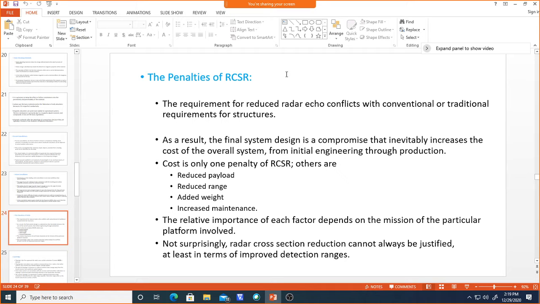Now, radar cross section reduction cannot always be justified. Why? Because if you design for 70%, we may not achieve it because of other parameters or environmental effects. So at least we can improve the detection ranges, in terms of detection ranges with respect to radar cross section.